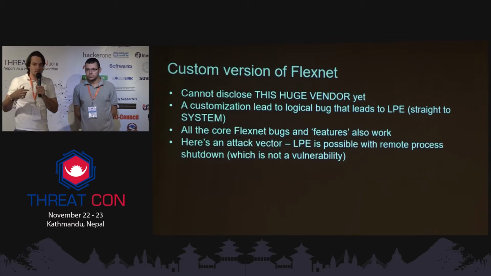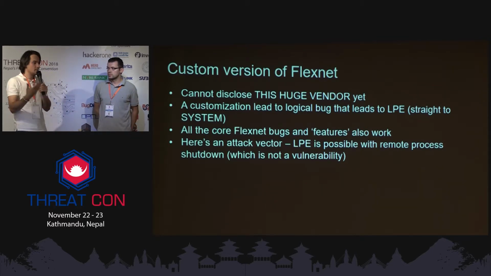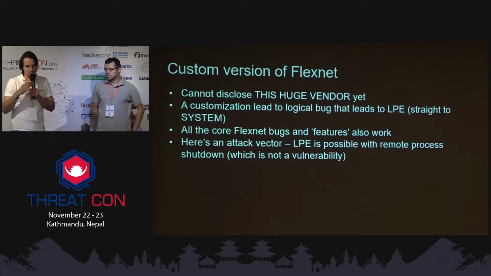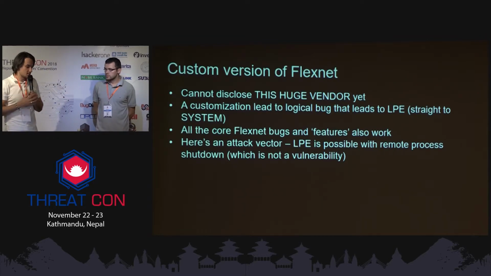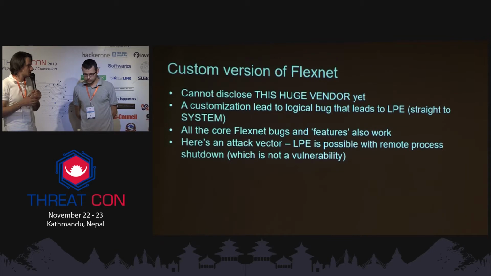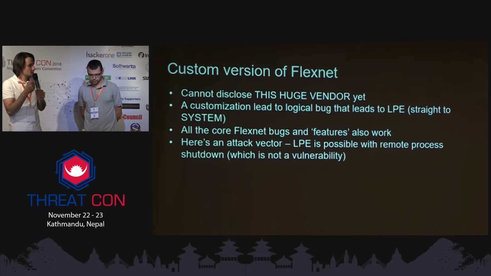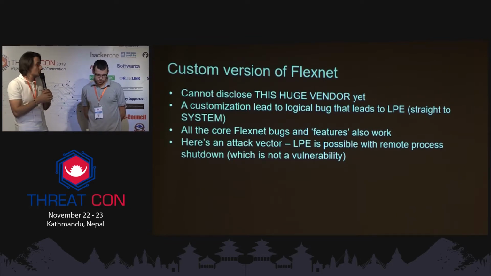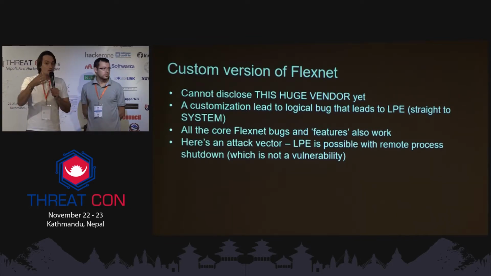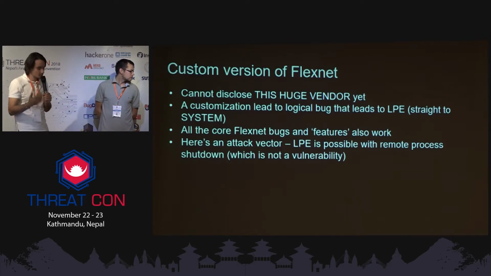Usually a local privilege escalation is more like a binary vulnerability, and there is always a risk of crashing something during binary exploitation. Here we see a logical local privilege escalation that gives you straight system privileges.